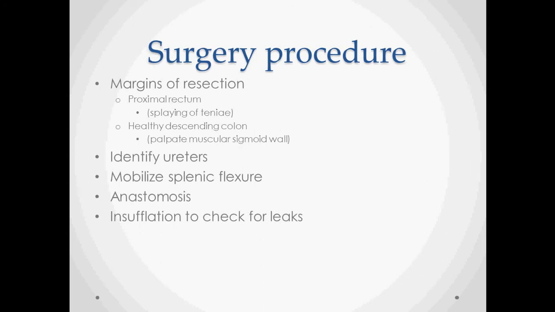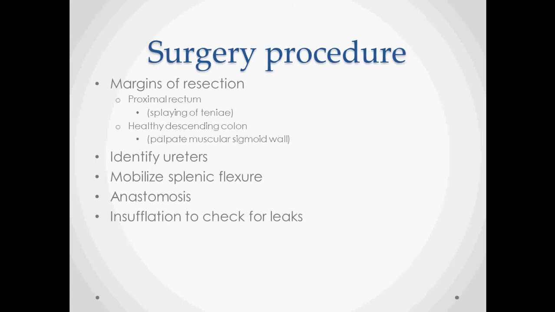You want to make sure to watch out for the ureters. You may need to mobilize the splenic flexure if you're going to do a primary anastomosis, otherwise you might get too much tension on the anastomosis site, and it could pull it apart and leak.